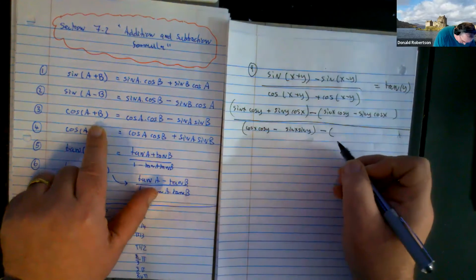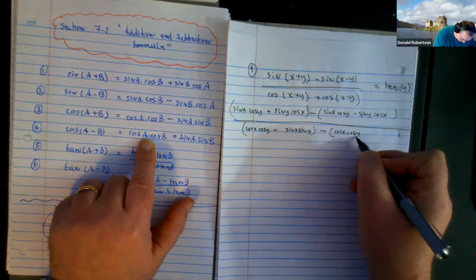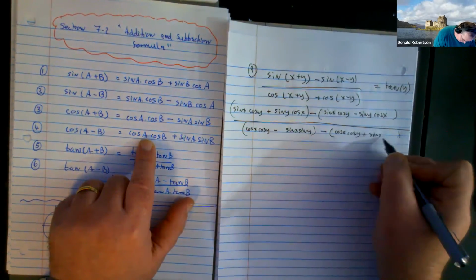In this case, you're going to get cosine of X cosine of Y plus sine X sine of Y.